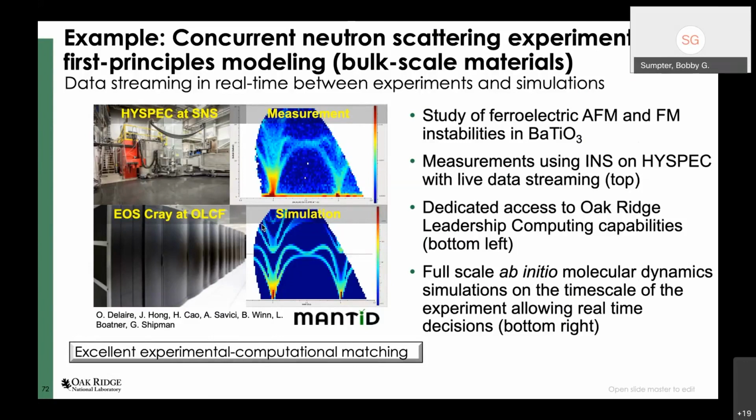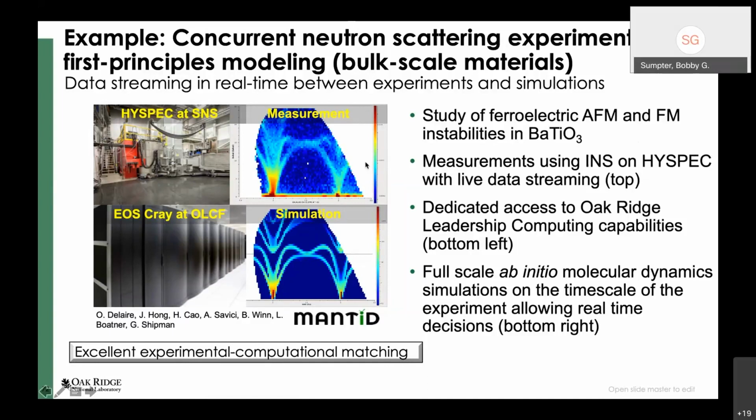We'll make a measurement on a very simple material called barium titanate, which has nanoferroelectric and ferroelectric instabilities in it due to some anharmonic interactions. So we make the calculations and we can predict the structures that one should see from the scattering, and we can compare it while we're doing an experiment to what you get from the scattering.